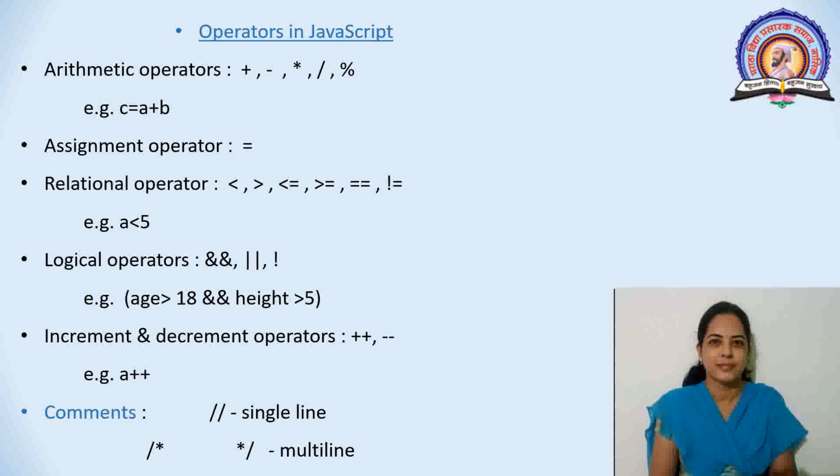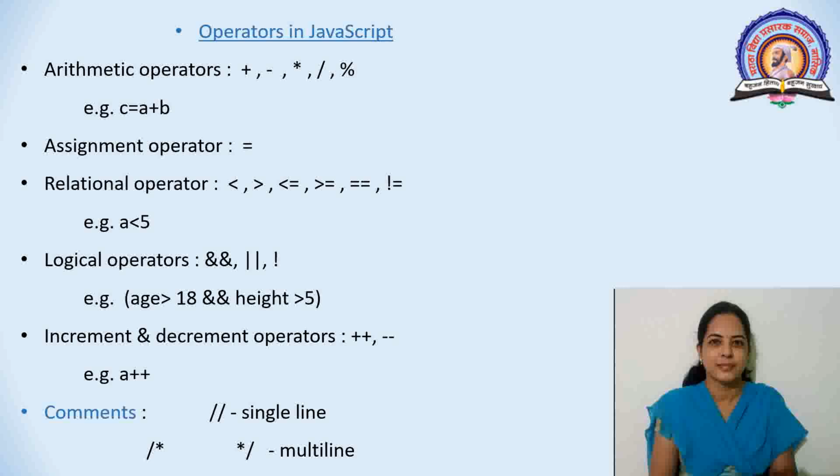Next topic is comments. So comments are the non-executable statements in program. So these comments are used for providing the extra information or some explanation of the program. For single line comments we have to use this backslash 2 times and we can write the comment, single line comment.